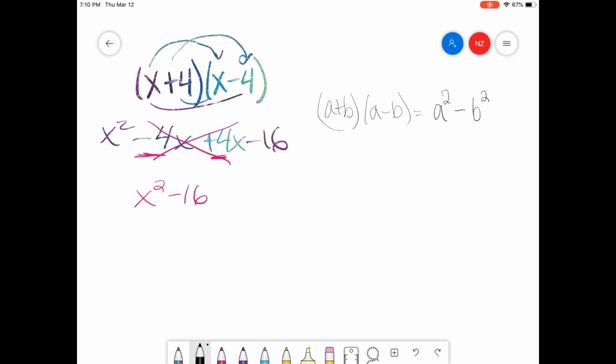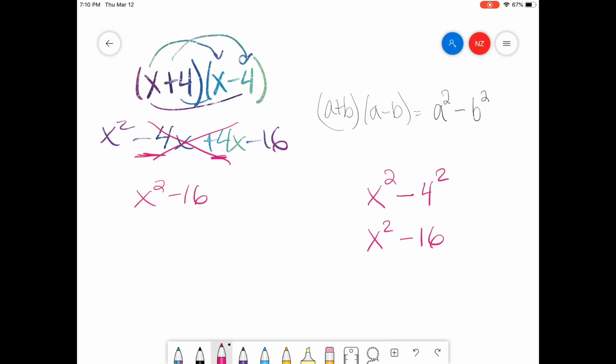So if I know that I have x plus 4, and then I have x minus 4, x is a, and then b is 4. So I know that my result in the end is going to be x squared minus b, so b is 4 squared, and the end result would be x squared minus 16.